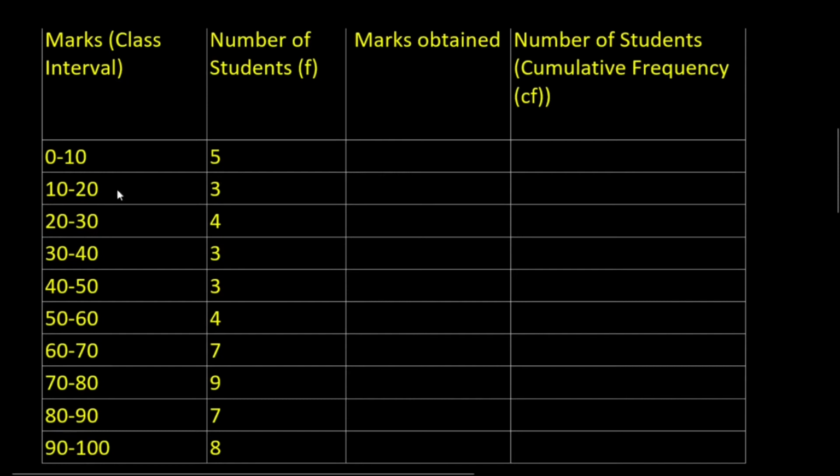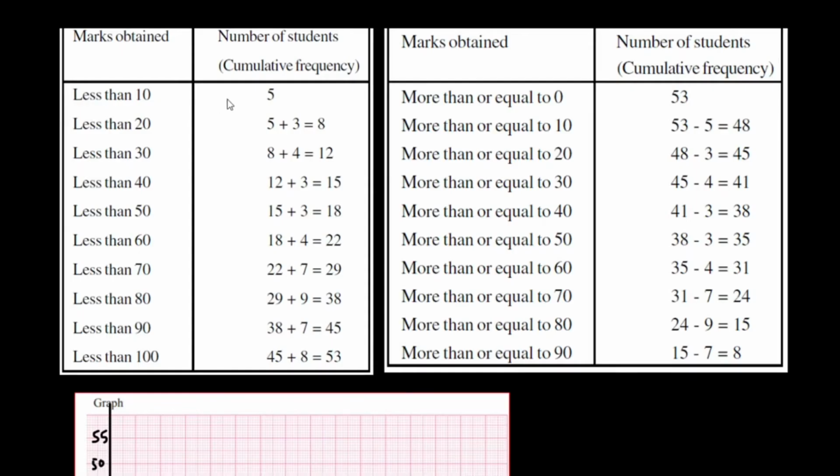When we are given a frequency distribution table, we can prepare the cumulative frequency distribution table, and using it we can draw the ogive curve. Here we have the less than type and more than type cumulative distribution tables. We can draw the less than type ogive using the first, and the more than type ogive using the more than cumulative frequency distribution table.